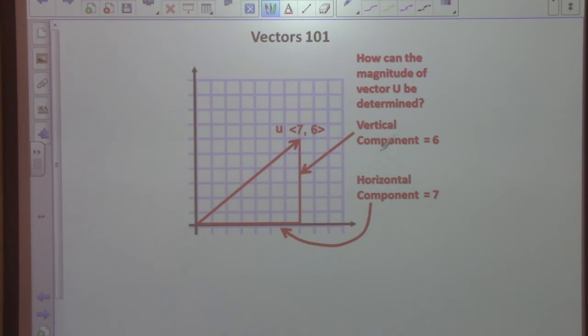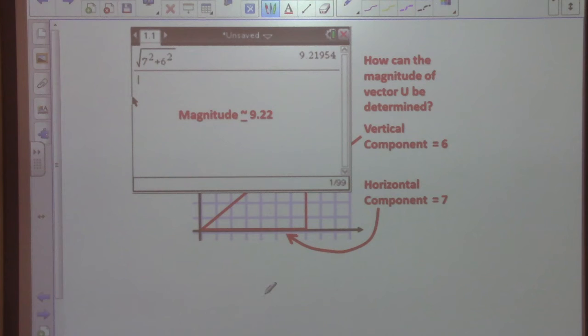This vector has a horizontal component of 7 horizontally but 6 vertically. And then if we go to our calculator, we can just put those in the calculator, take the square root of both of those, and we get the vector's magnitude.